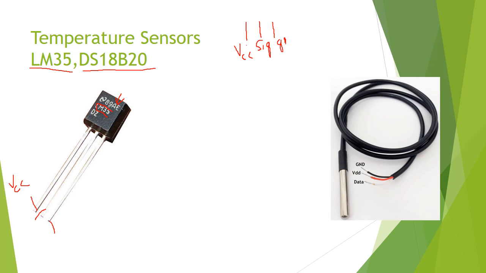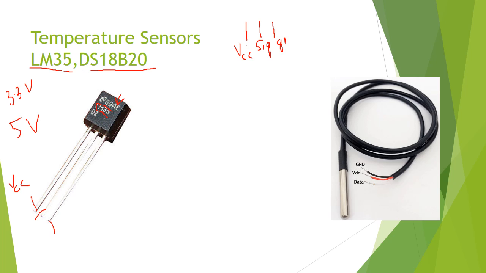These sensors generally have a 5-volt input as a maximum, and 3.3 volt as a minimum. So your input voltage, that is your VCC, changes from 3.3 volt to 5 volt.